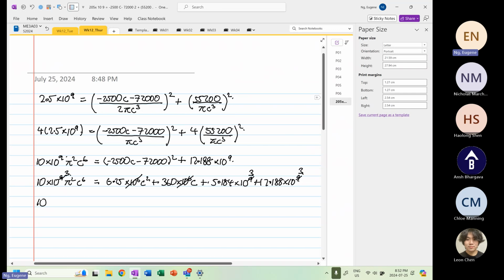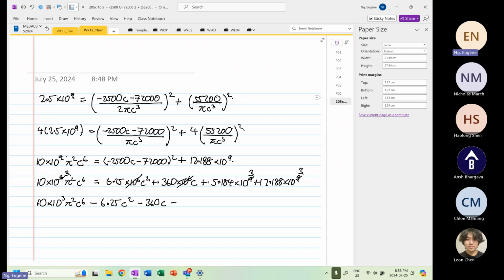So this in the end will get 10 times 10 to the power 3 pi squared C6 minus 6.25 C squared minus 360 C, and then minus 5.184 plus 12.188 is minus 17.372. Okay, so let me do it. 5.184 plus 12.188 is equal to 14.372.